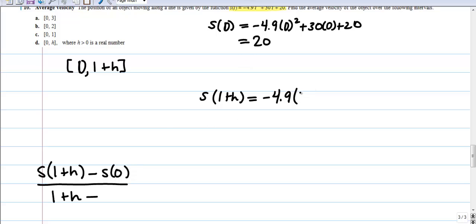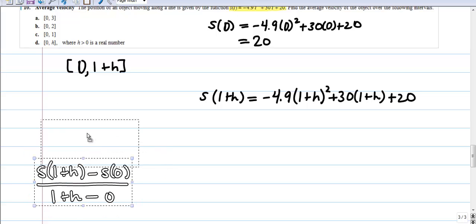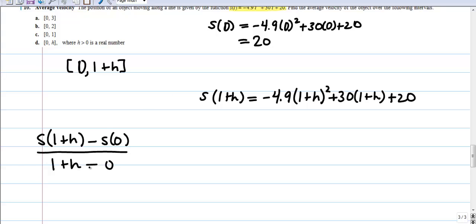Now, s of 1 plus h will be this. 1 plus h squared plus 30 times 1 plus h plus 20. And the best thing to do on that problem is to leave it like it is. Because on this, now notice the denominator is not going to simplify to h.